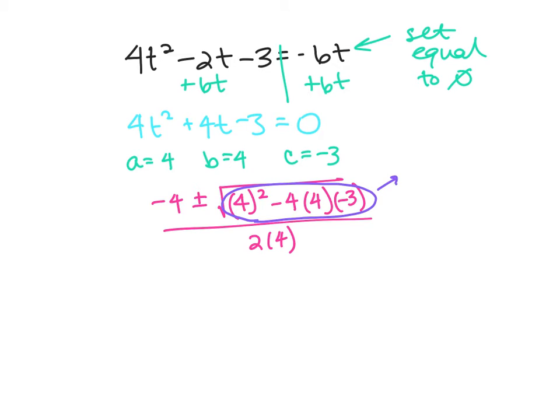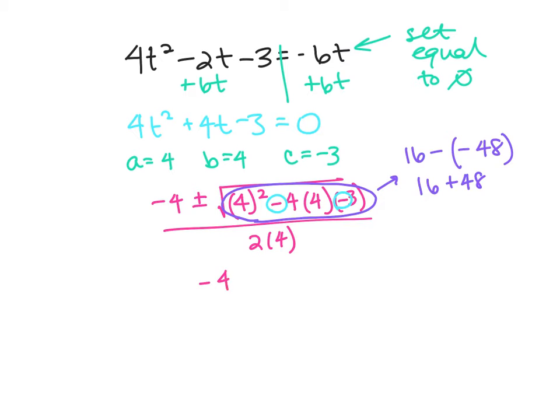So we type these parts into a calculator. 4 squared is 16 minus, and then 4 times 4 is 16. 16 times 3 gives us 48. And then that was a negative 3, so it's minus a negative 48. Like I said in the video from Wednesday, if we count our negatives, we have 2 negatives this time, which means they will cancel out to become 16 plus 48 under that parenthesis.